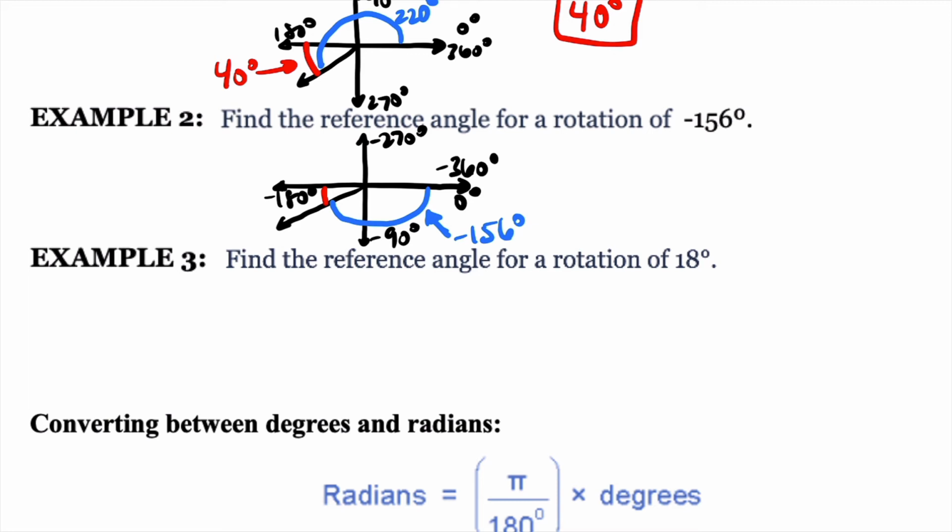No, I'm almost there. I'm almost at 180. Negative 24. It's actually going to be negative 24 degrees. I went negative 156. I just got to go a little bit more and I'm done.